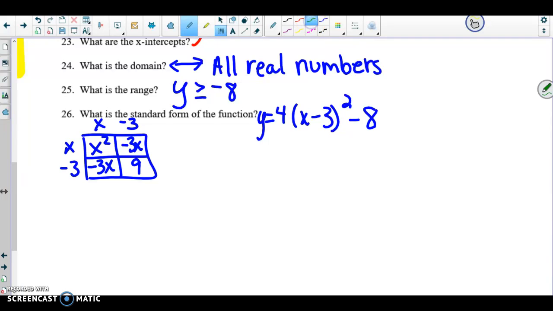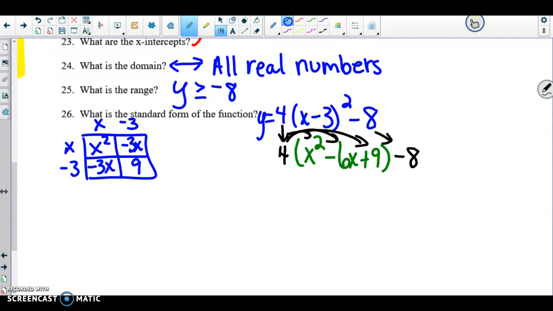So that means this part right here is just x squared minus 6x plus 9. And then I can't forget to bring down the 4, and I still have this minus 8 that I need to bring down. So the next part would be to distribute. So I distribute, distribute, distribute. So I have 4x squared minus 24x plus 36, and then I still have this minus 8.